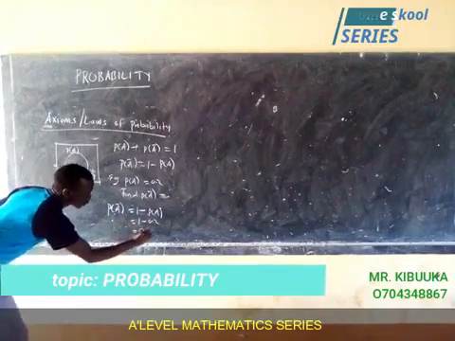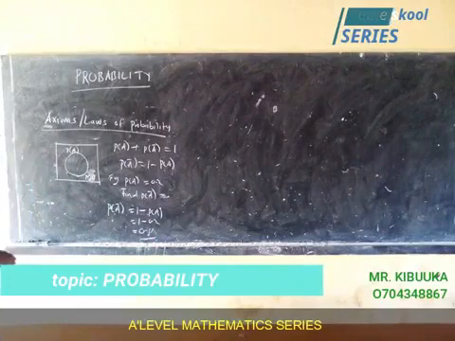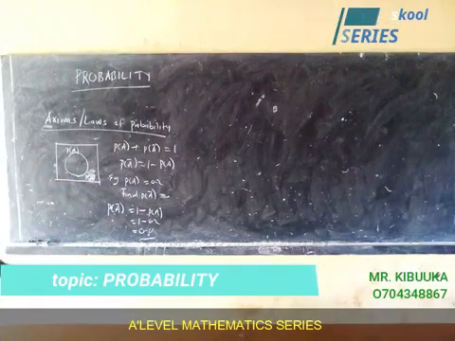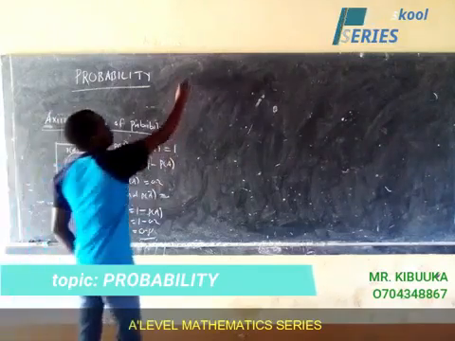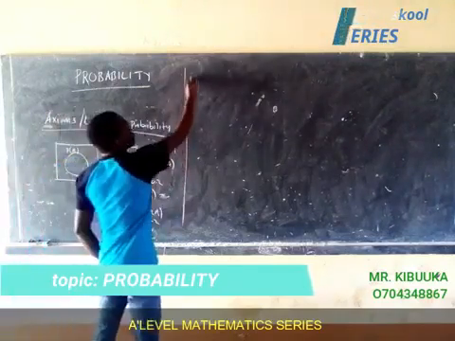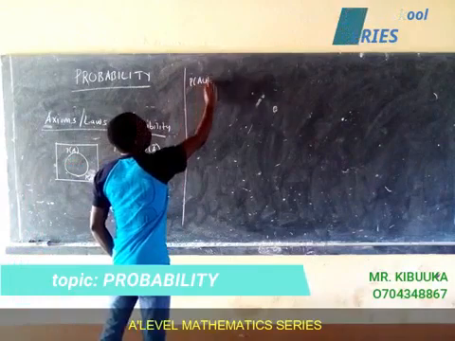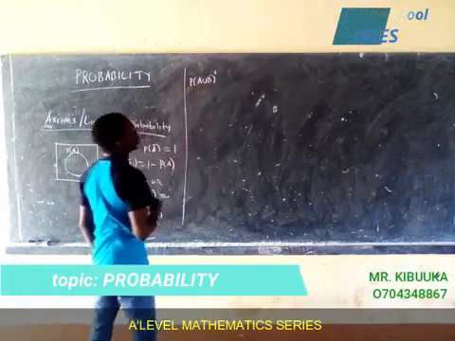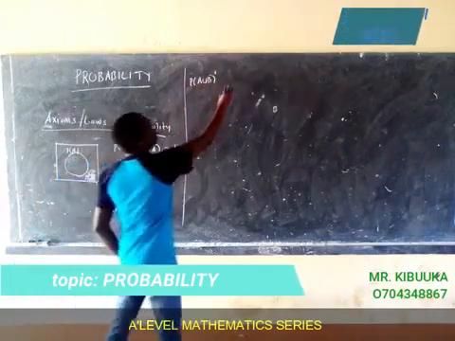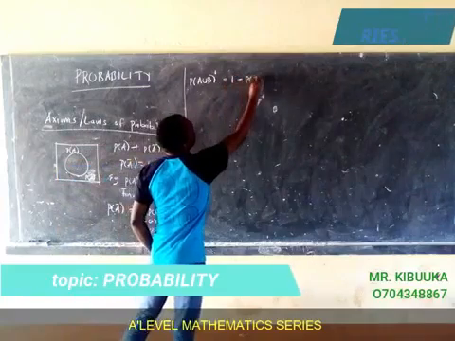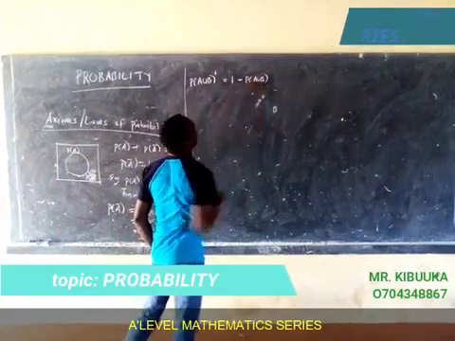This will give us 0.8. Now this law works for intersection and works for union at the same time. Meaning, the probability of A union B, all of its complement, is the same as 1 minus probability of A union B.